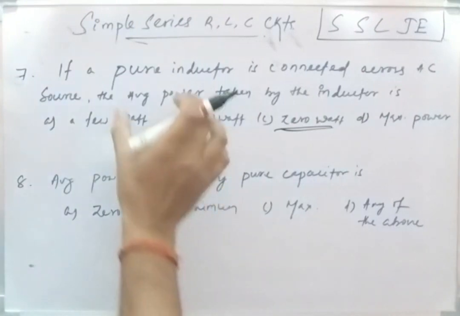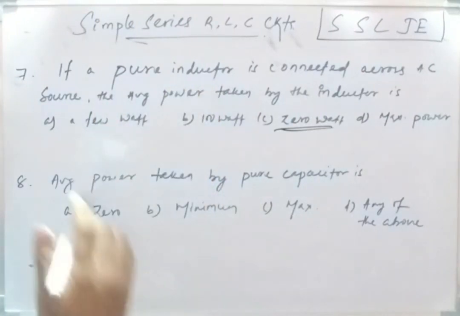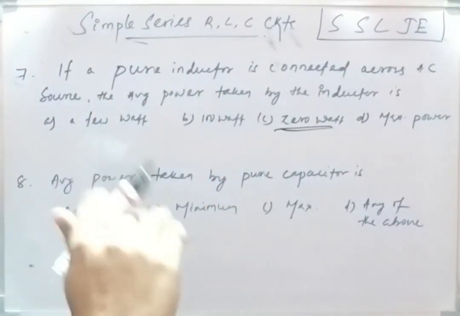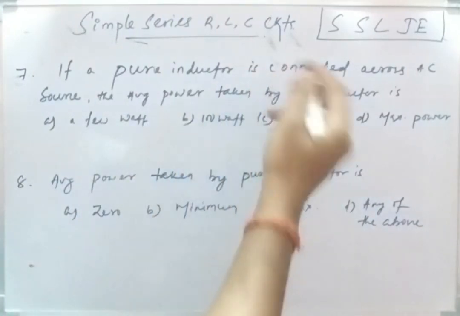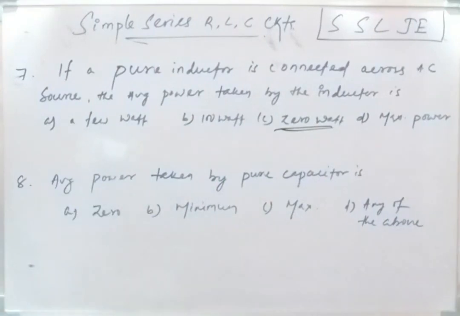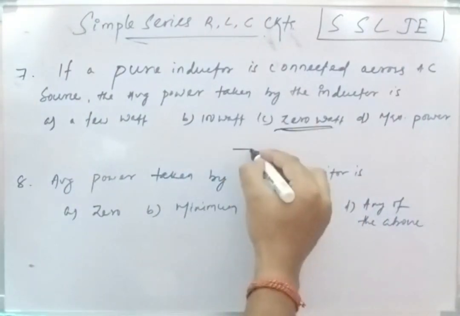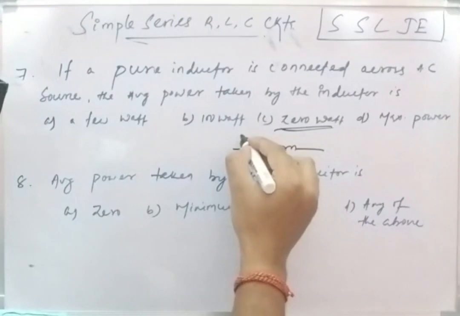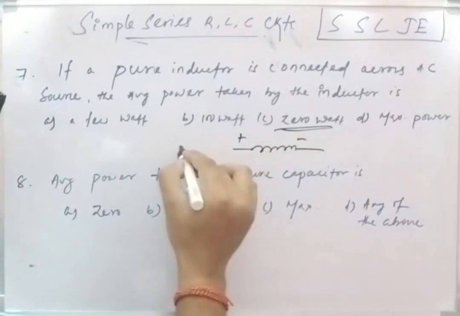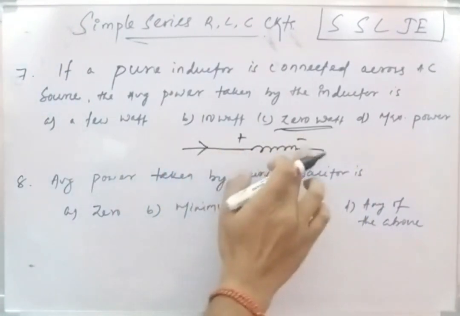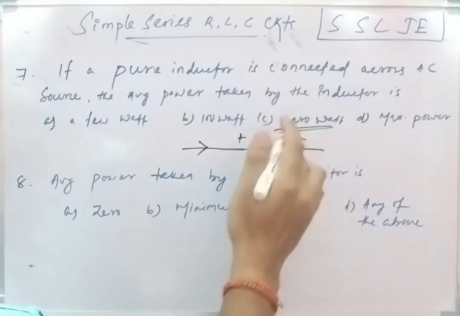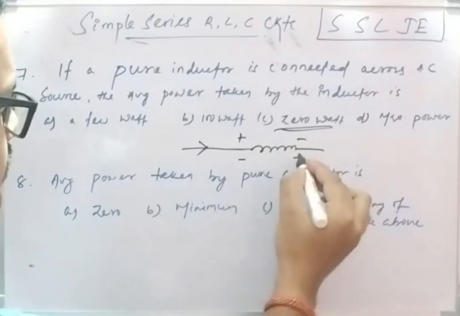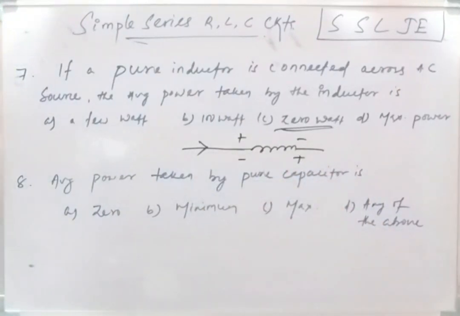The reason is, the inductor first of all gets charged at the beginning. After getting charged, it changes its terminal. Whenever current is flowing in this direction, it is plus and minus. Once it is charged, it reverses its terminal and starts discharging itself.